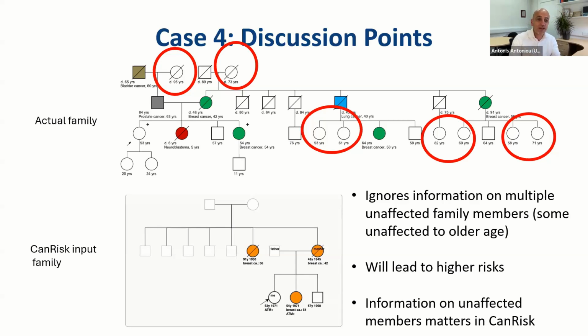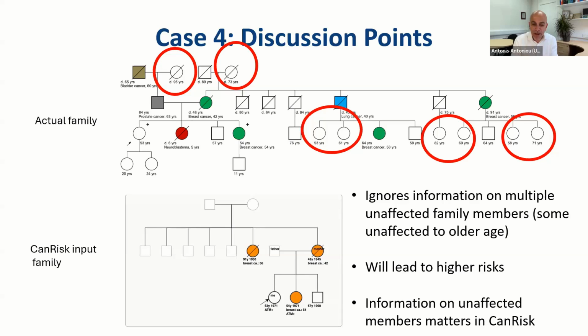Here you have several unaffected family members who are older as well, for example, 95-year-old and 75-year-old grandmothers, or the cousins, but all those were not entered in CanRisk. So by definition, you'll be overestimating the risk because you are selectively inputting only the affected individuals in the family.